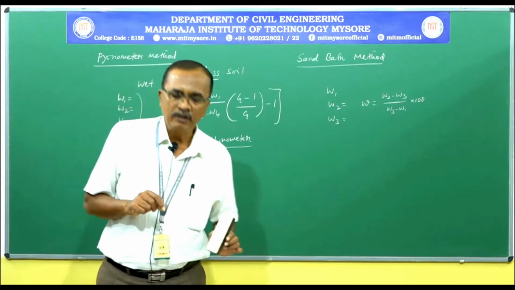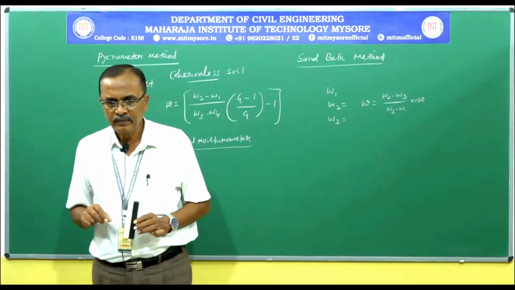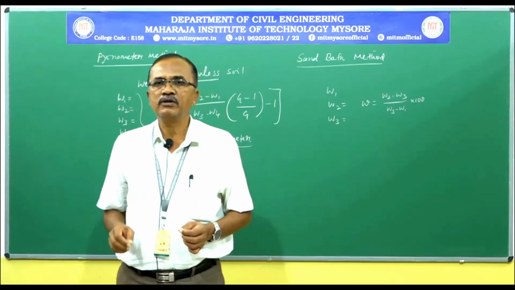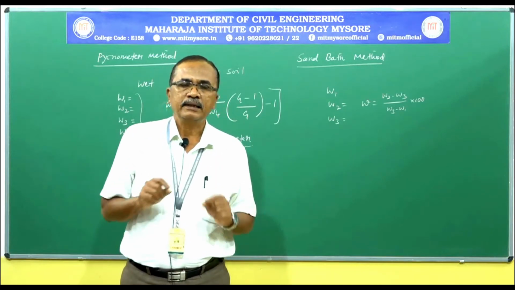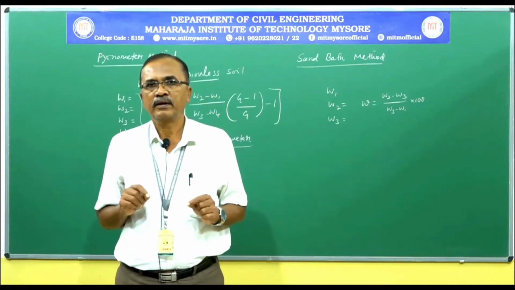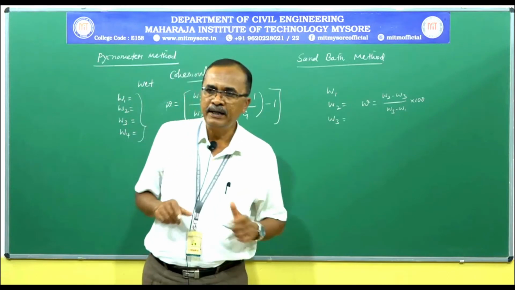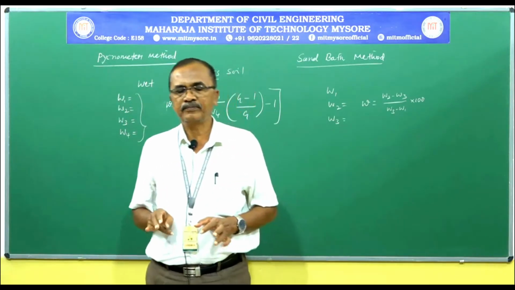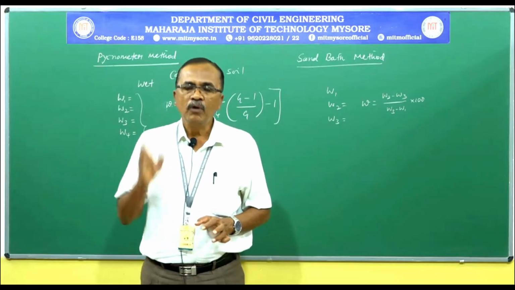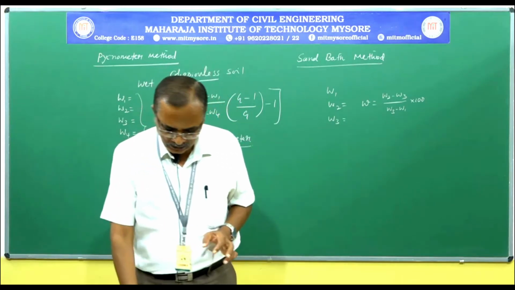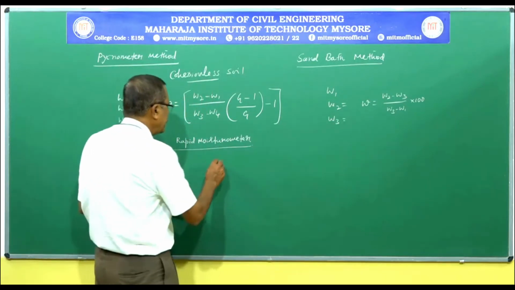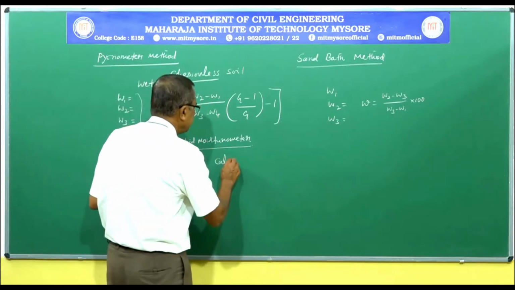This method is based on the principle that the chemical added to moist soil will liberate a gas. The amount of gas liberated is equal to the amount of water present in the soil. The most commonly used chemical to determine the moisture content here is calcium carbide.